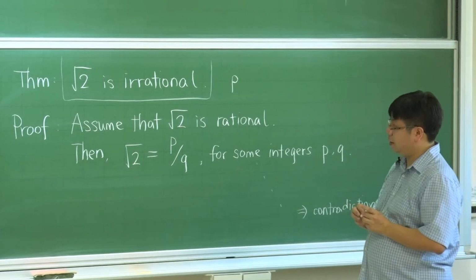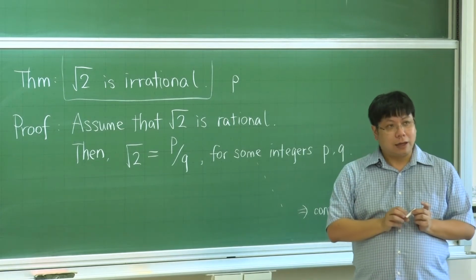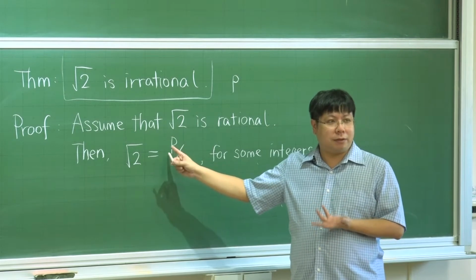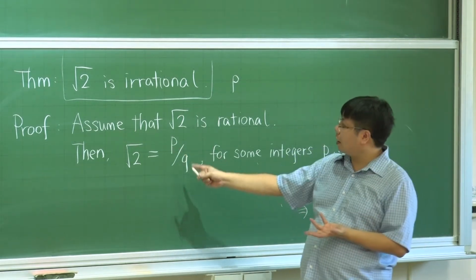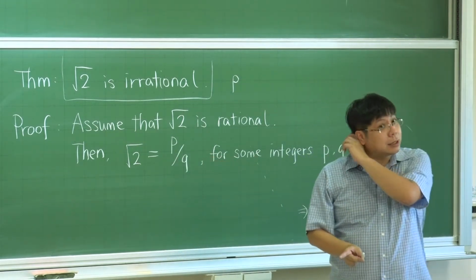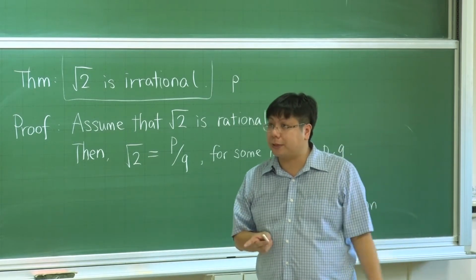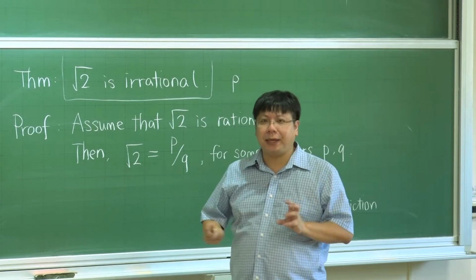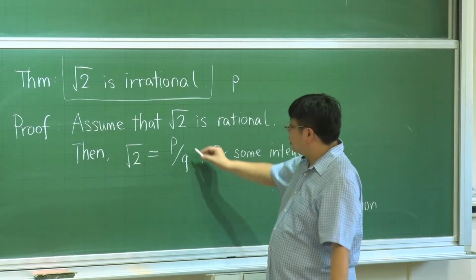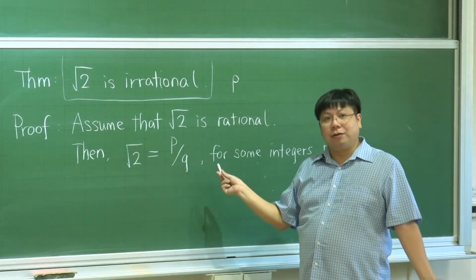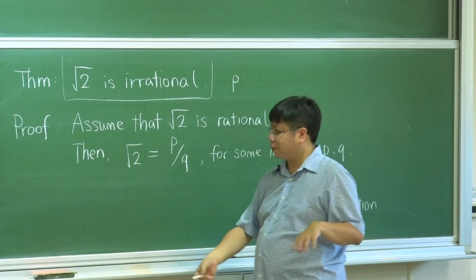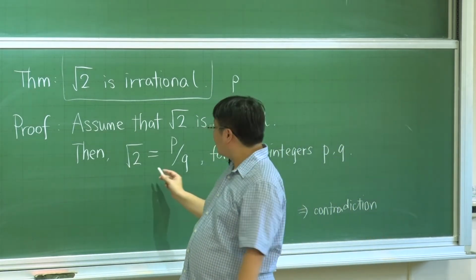Now at this point, there can be many choices, right? If P over Q is okay, then 2P over 2Q still gives the same ratio. So in that sense, let us make this P and Q more special. We can find P and Q, but once we find them, we make them even more special.